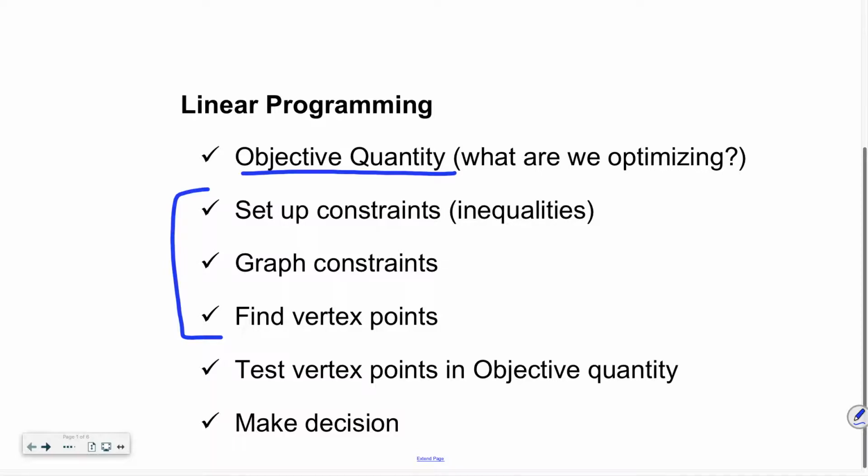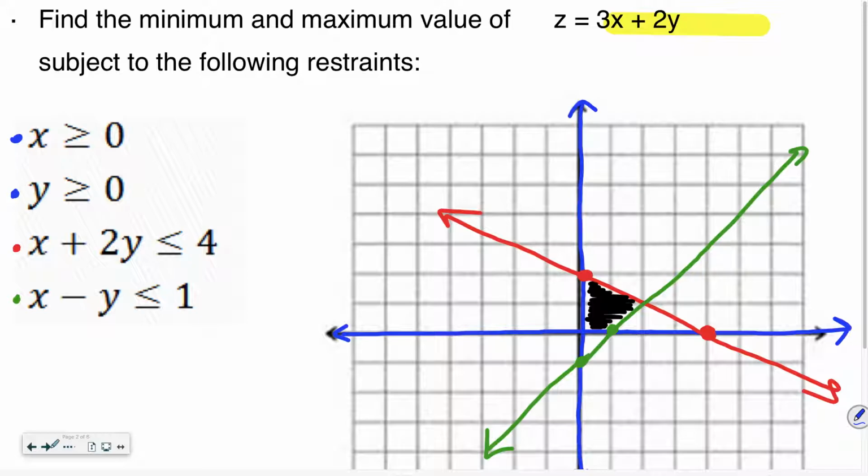Okay? So, in your first example, I've already graphed it for you, right? Just trying to save us some time today. Okay? Find the minimum and maximum of z equals 3x minus 2y. This is our objective quantity. Okay? So in this problem, we're just going to practice very basic.